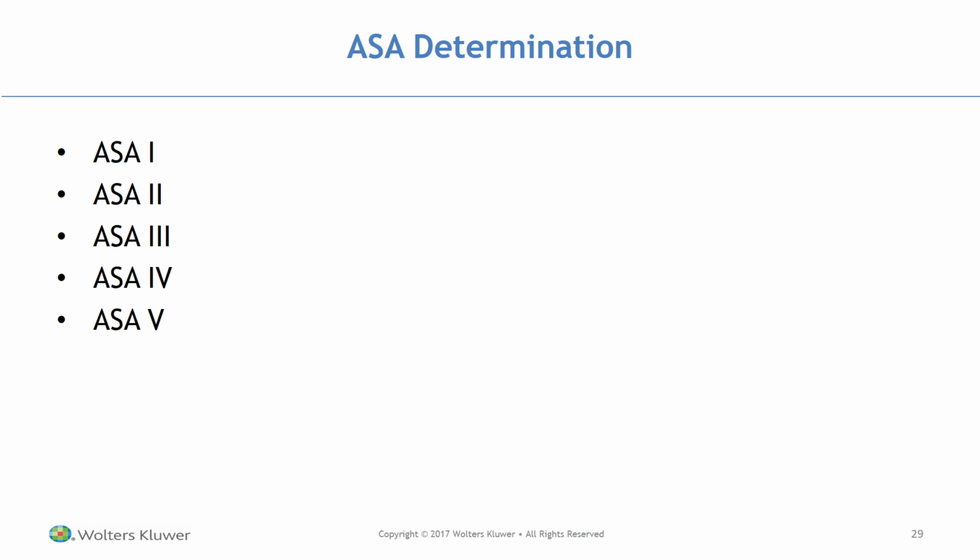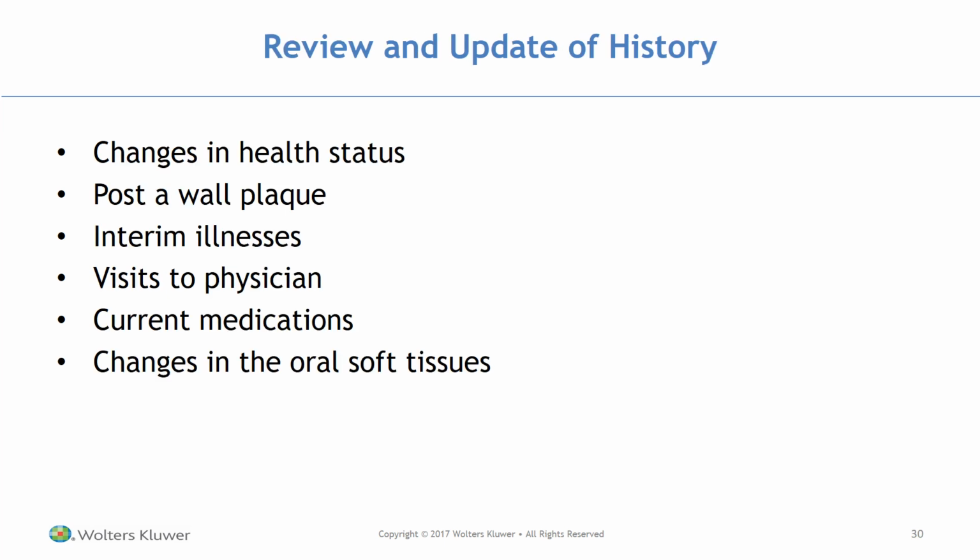And ASA 4 is a patient with an incapacitating systemic disease that is a constant threat to life. And ASA 5 would be our moribund patient, not expected to survive 24 hours without surgery or without care. Again, we're hammering these into you because they are going to be on your boards and you have to determine the ASA classification.